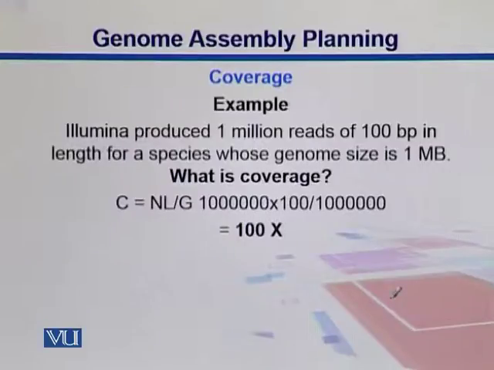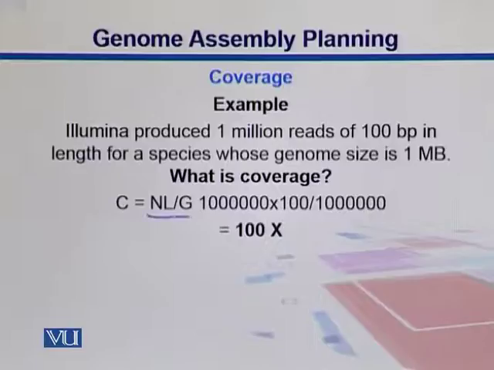Here we try to understand coverage using an example. In this example, an Illumina sequencer produced 1 million reads. Illumina read length is 100 base pairs. For this species, the genome size is 1 MB, which is a million base pairs. So we use the equation C = NL/G.